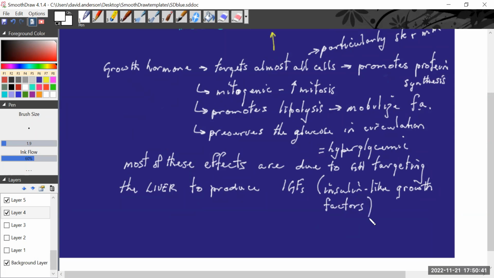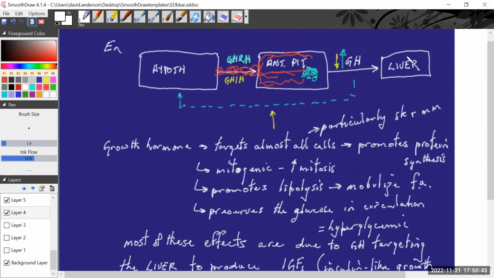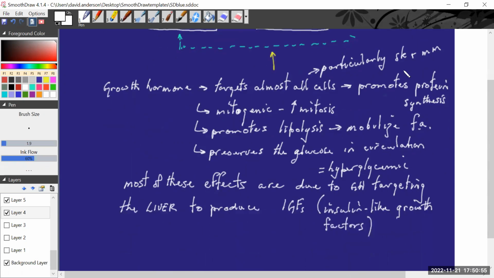So what really happens, or what typically happens, is growth hormone targets the liver, and the cells in the liver, which we already know do things like gluconeogenesis and glycogenolysis and glycogenesis, all those things, but they also produce IGFs. And IGFs are like intermediaries.